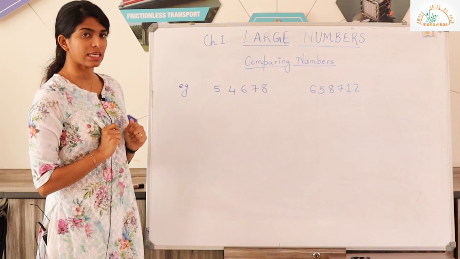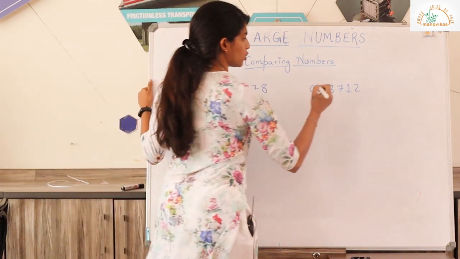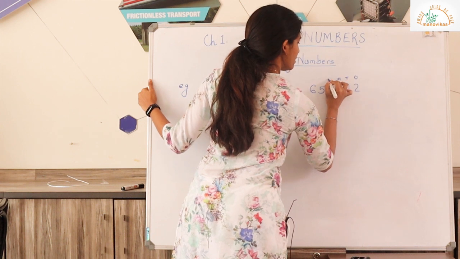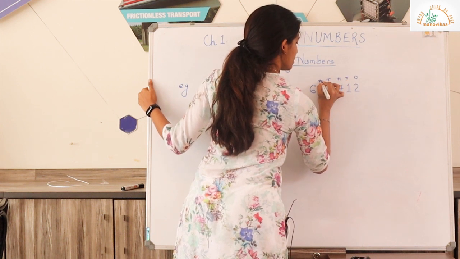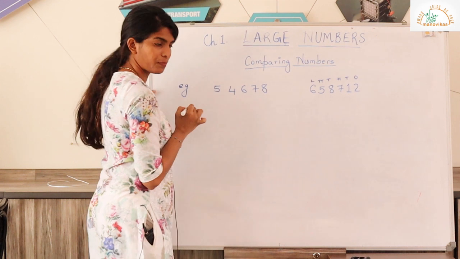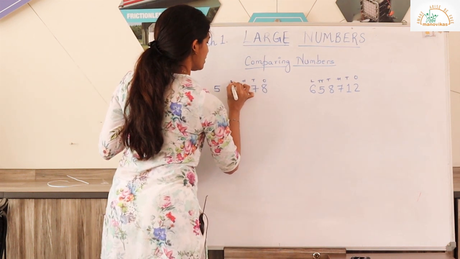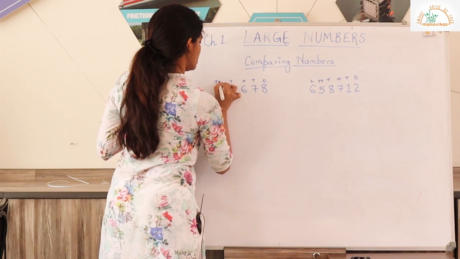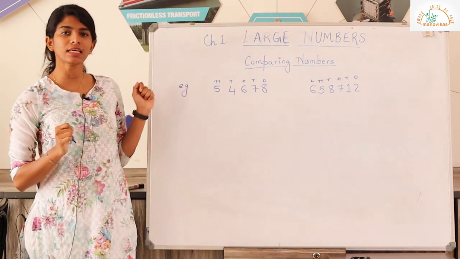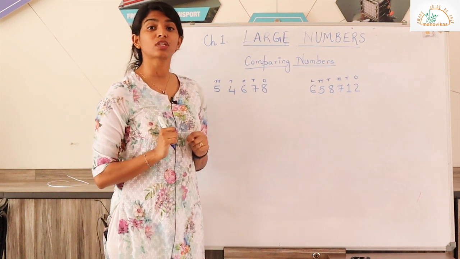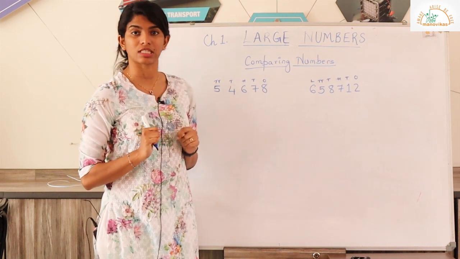Now first I will put the place values here. Ones, tens, 100, 1000, 10,000, lakh. Ones, tens, 100, 1000, 10,000. Now if you see here, I have put the place values. Okay. Now you have to count the number of digits here.